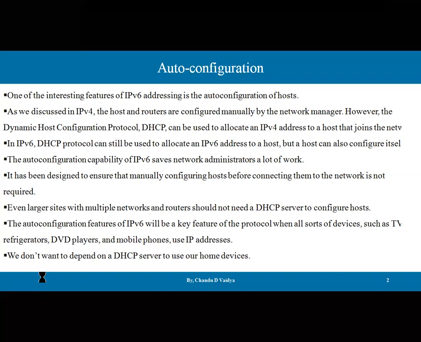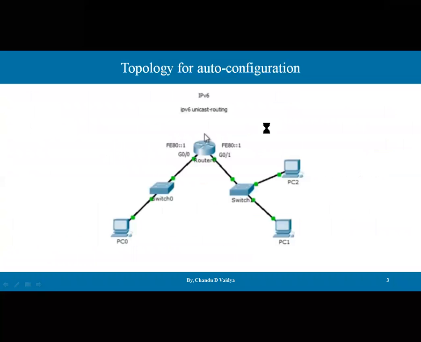Now in this slide, I'm showing you the topology for the creation of auto configuration, where there is a router, two switches, and three computers. This is one network, and this is another network. What we are going to demonstrate in the second video is that this computer will get a link local address, this computer will also have a link local address, and the router interfaces will also be set with link local addresses.